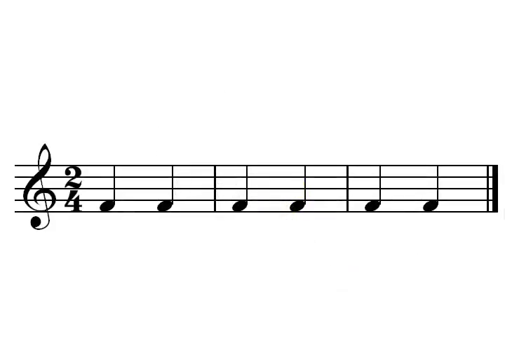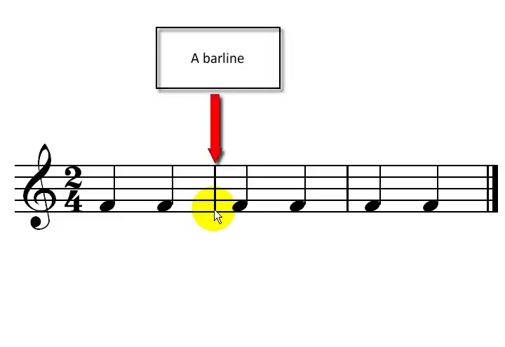Now here we have an example. Here is the 2/4 time signature, and it means 2 quarter note beats in each measure. So we have 2 quarter notes, and then we have a bar line, which means that's the beginning of a second measure.